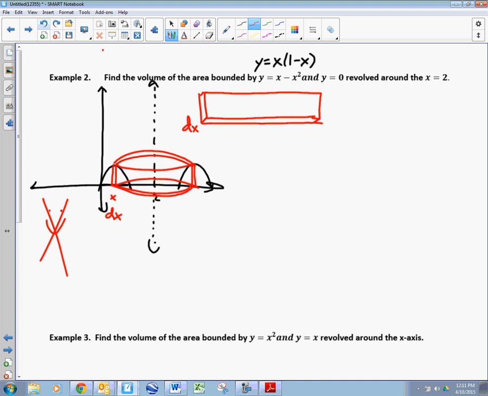So we've got dx is the thickness. What's my height? X minus x squared. What's my, I got 2 pi r. 2 minus x. You do the distance, so the radius is the distance from here to there. That's your radius. And that distance is 2 minus my x value.